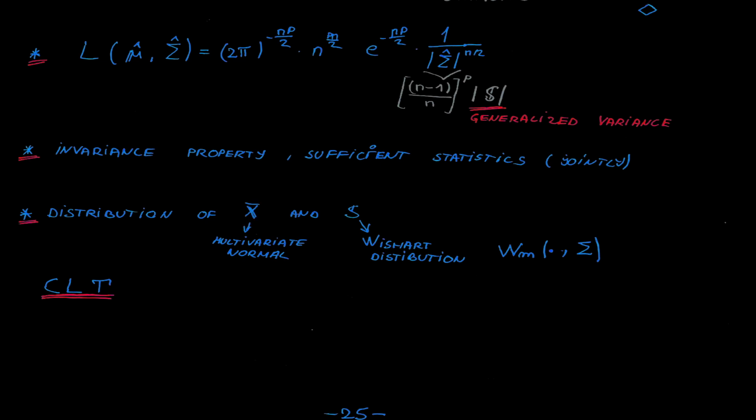So in this case, approximately a multivariate normal distribution with mean 0 and covariance matrix sigma. But this is the case when n is large, the same way as in the univariate case.